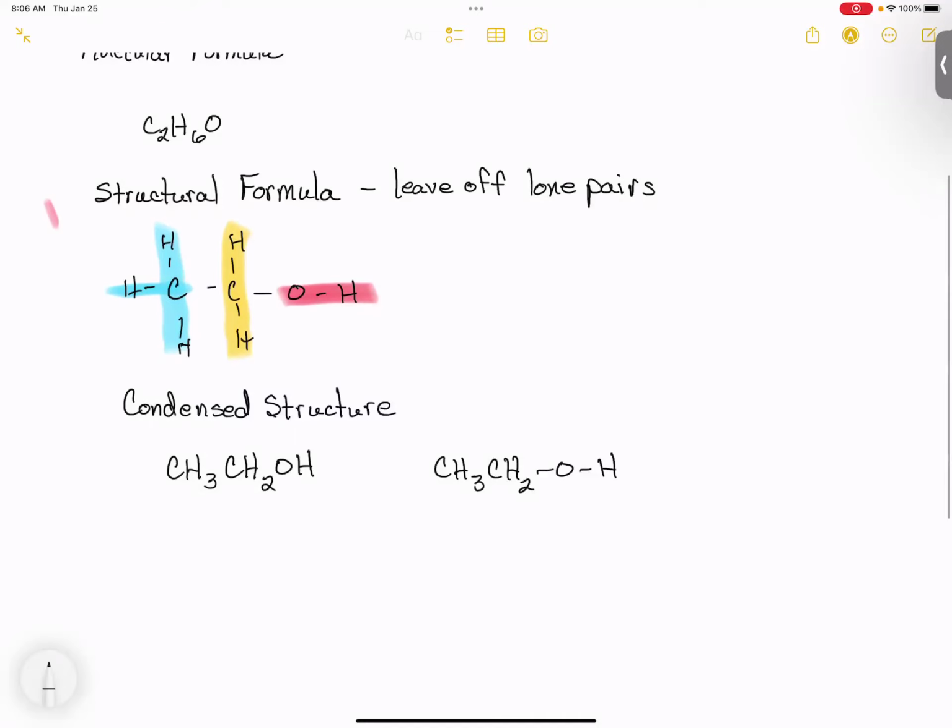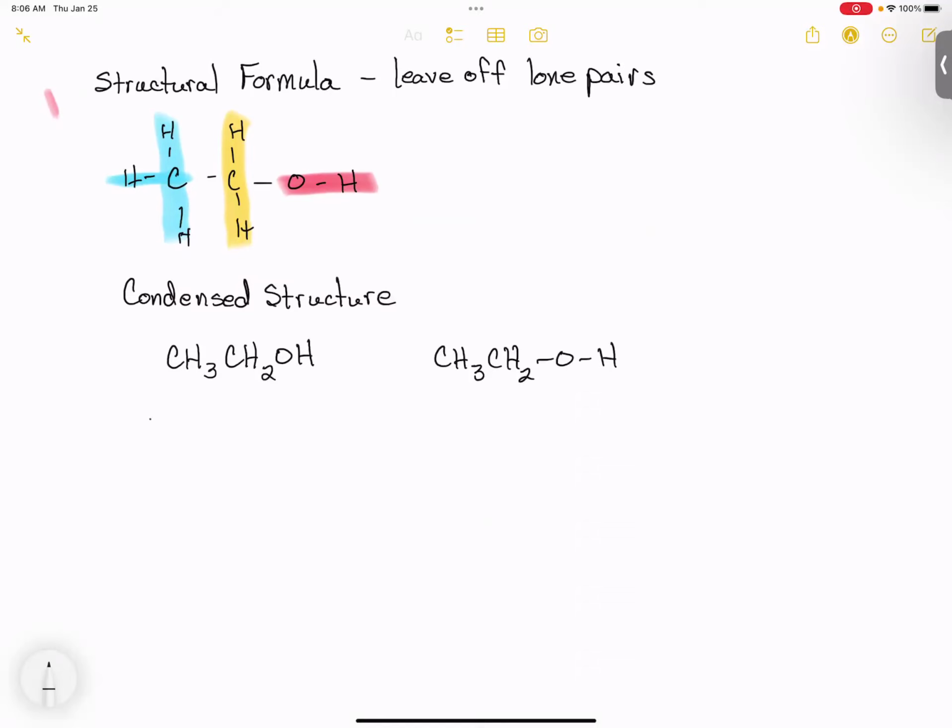Now, condensed structures are actually useful, especially when you get into a molecule such as CH3, CH2, CH2, CH2, CH2, CH2, CH2, 1, 2, 3, 4, 5, 6, 7, 8, CH2, COOH.